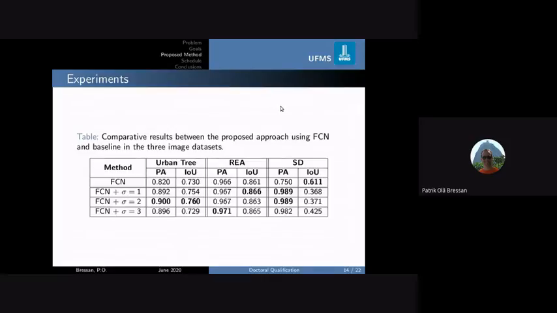We also ran some experiments comparing our approach with FCN. We use the following popular segmentation metrics: pixel accuracy and intersection over union.